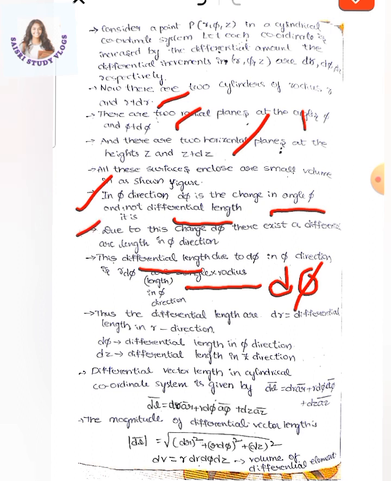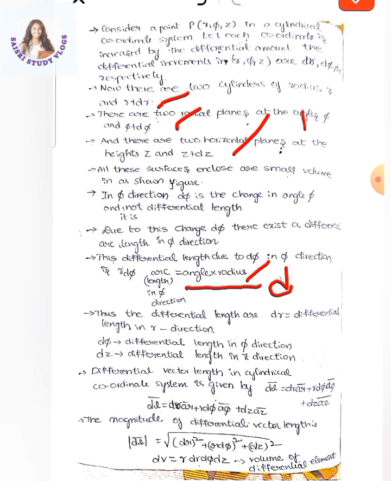Due to this change d phi, there exists a differential arc length in phi direction, and the differential length due to d phi in phi direction is r d phi. That is, here we have a formula, arc is equal to angle into radius. So this is the arc length.